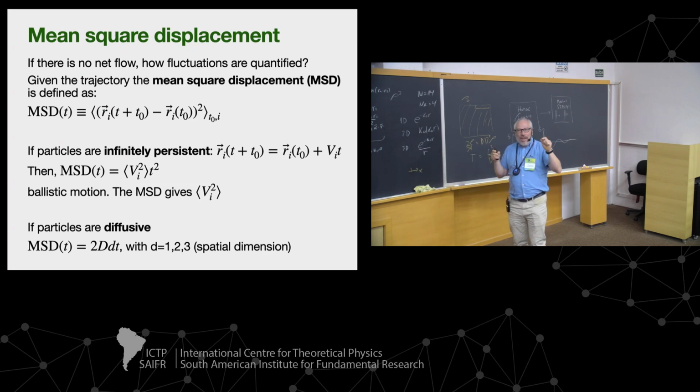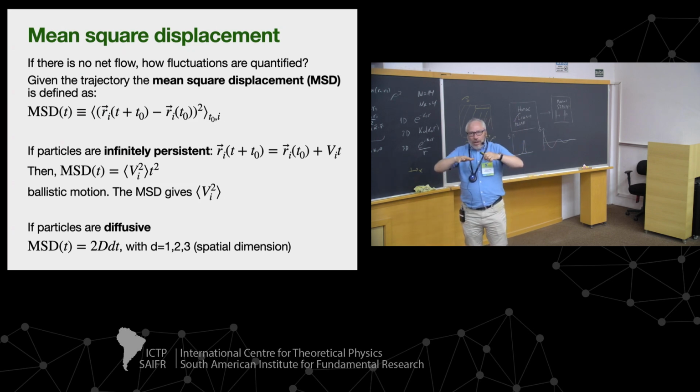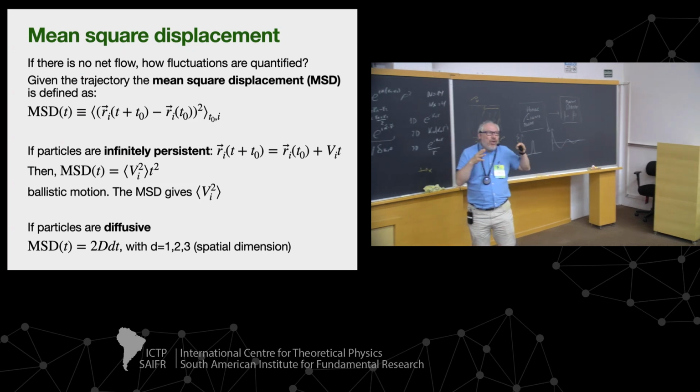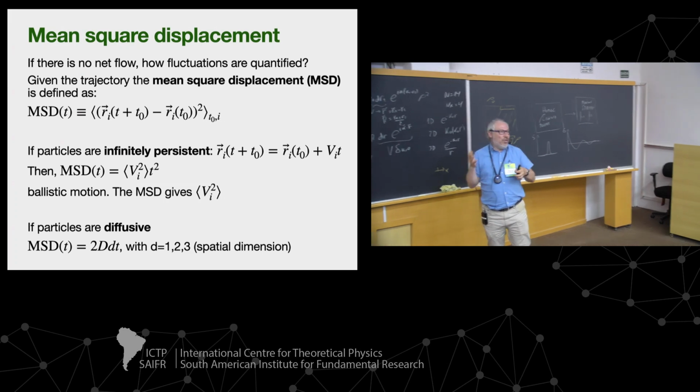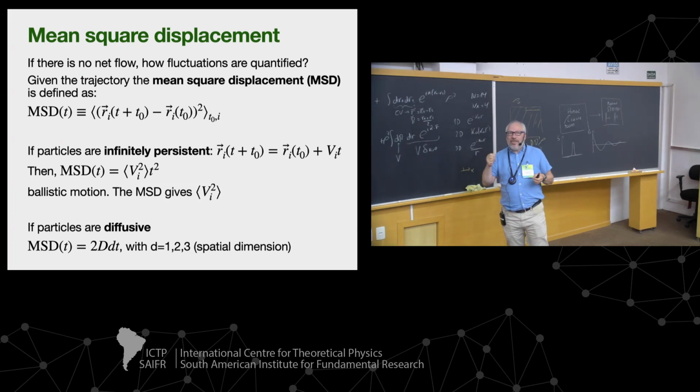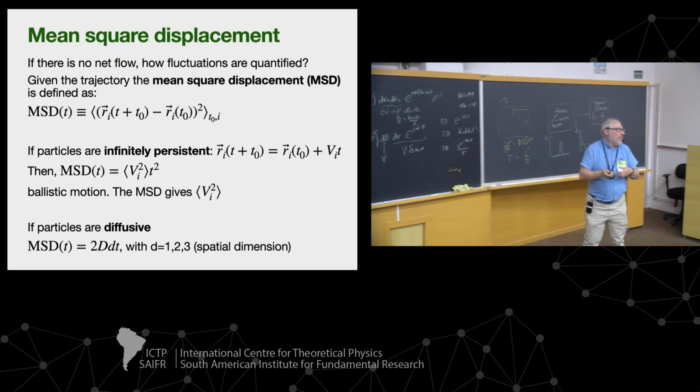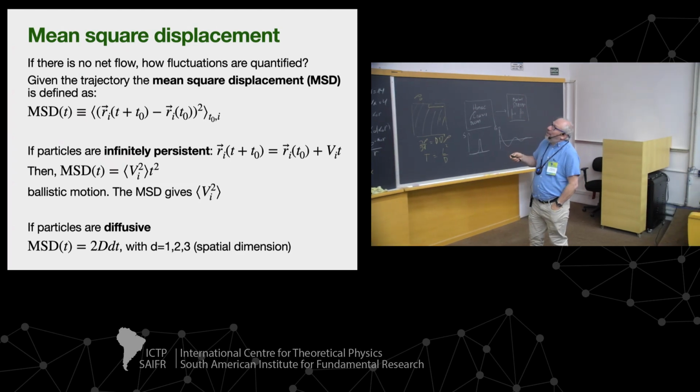But now, if particles are not moving in a preferred direction, there's no net flow, but anyway, you want to compute how they move. So if the average is 0, the next thing that you do is compute the variance. You define the mean square displacement at a time gap t as the distance traveled from an initial time to that initial time plus t.